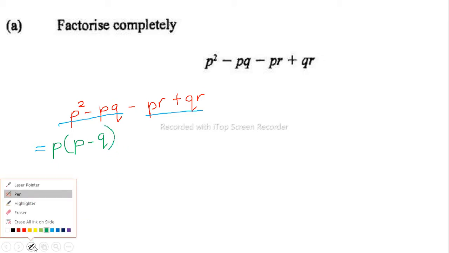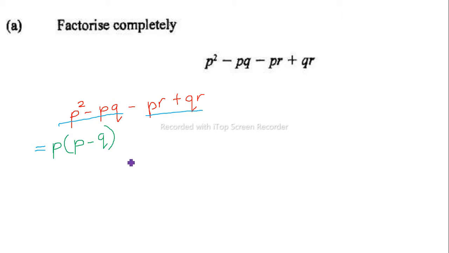Alright, so that's that side. Now we need the other side. What is common in pr and qr? R. Very good, r. And so it's going to be r, open bracket. What times r gives me pr?